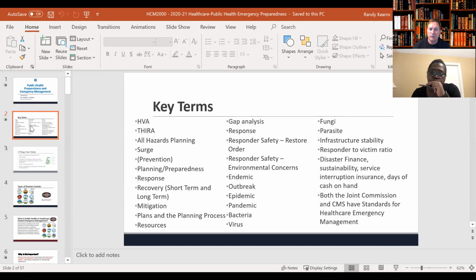And again, when we talk about surge right now with COVID-19 as an example, although we're not in particularly desperate shape right now in Louisiana, there are a number of states that are. And where that really creates risk both for the patients with COVID-19 as well as other patients is cross-contamination.